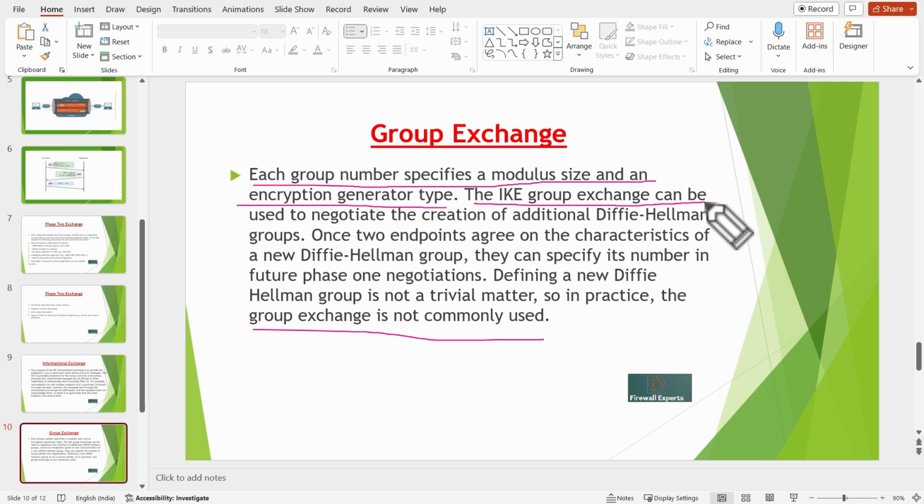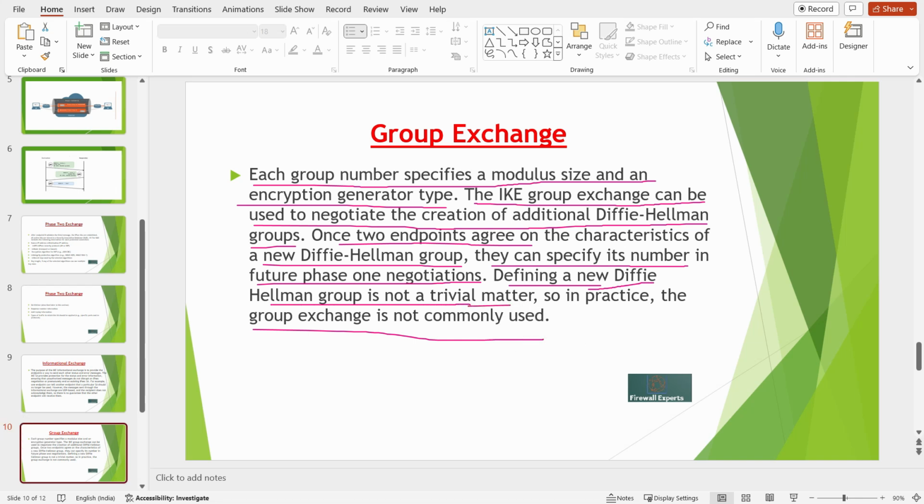The IKE group exchange can be used to negotiate the creation of additional Diffie-Hellman groups. Once two endpoints agree on the characteristics of the new Diffie-Hellman group, they can specify its number in the future phase negotiation. Defining a new Diffie-Hellman group is not a trivial matter.